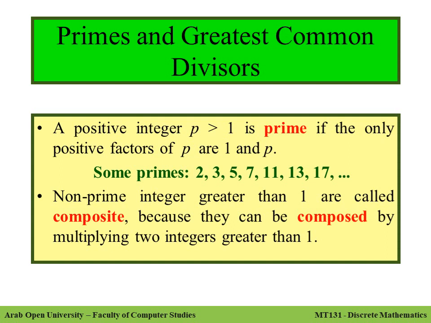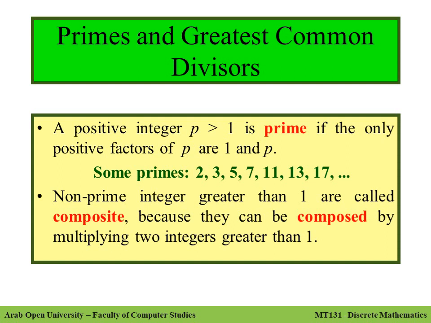Next, we would like to look at prime numbers, define what prime numbers are, and also see how to calculate the greatest common divisors of integers. The definition for a prime number: a positive integer p greater than 1 is a prime if and only if the only positive factors of p are 1 and p.